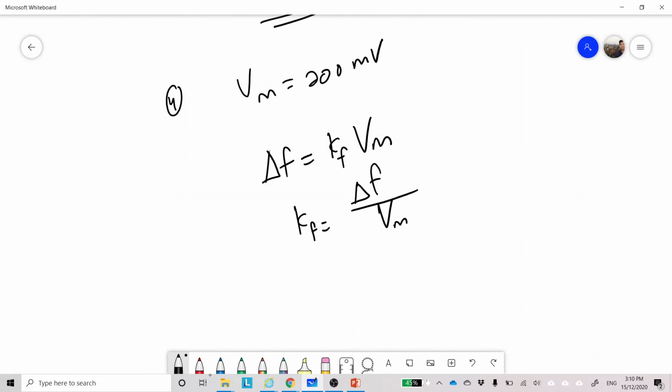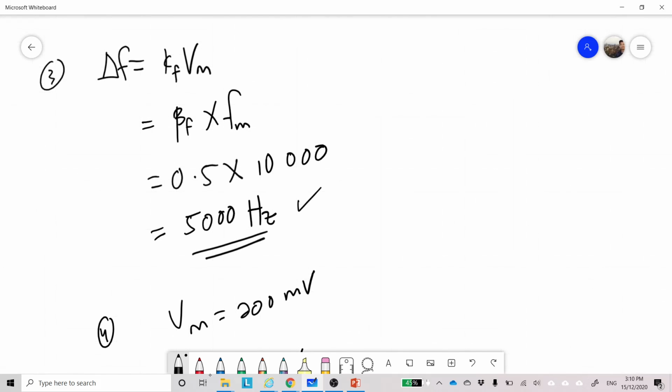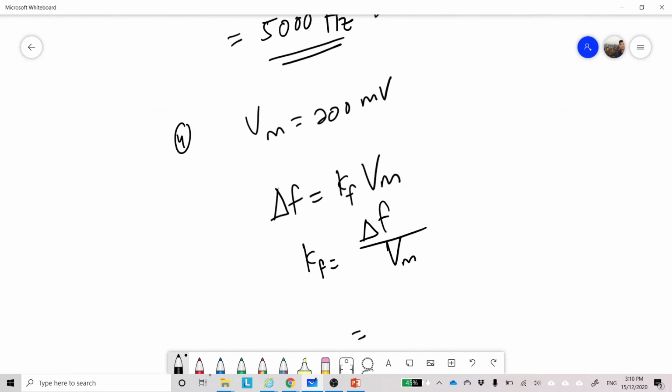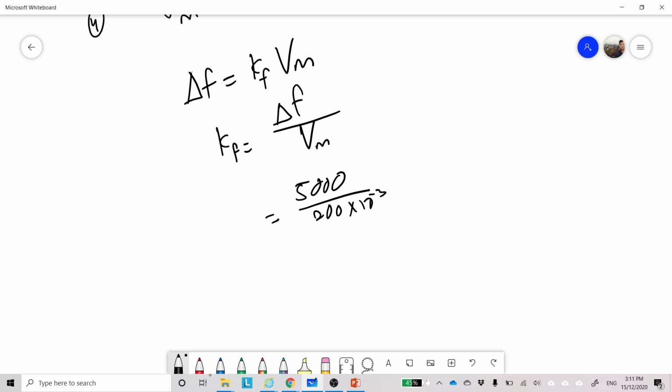So ini bersamaan dengan delta F 5000 dah dapat. So 5000 divide with 200 milli. So berapa ni? So 5000 bahagikan dengan 200 milli.